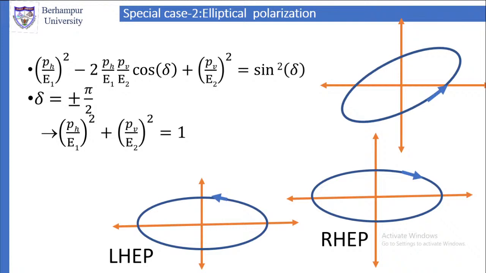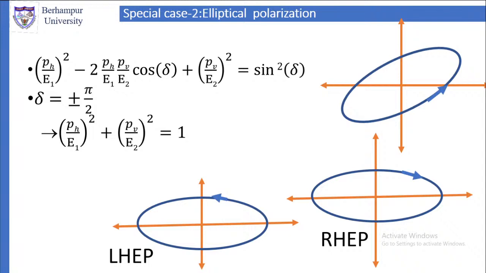This is the general equation of an ellipse, which is x square by a plus y square by b equal to 1, where the semi-major axis or the semi-minor axis is oriented along the x-axis or the horizontal axis, and the semi-minor axis or semi-major axis is oriented along the vertical or the y-axis.